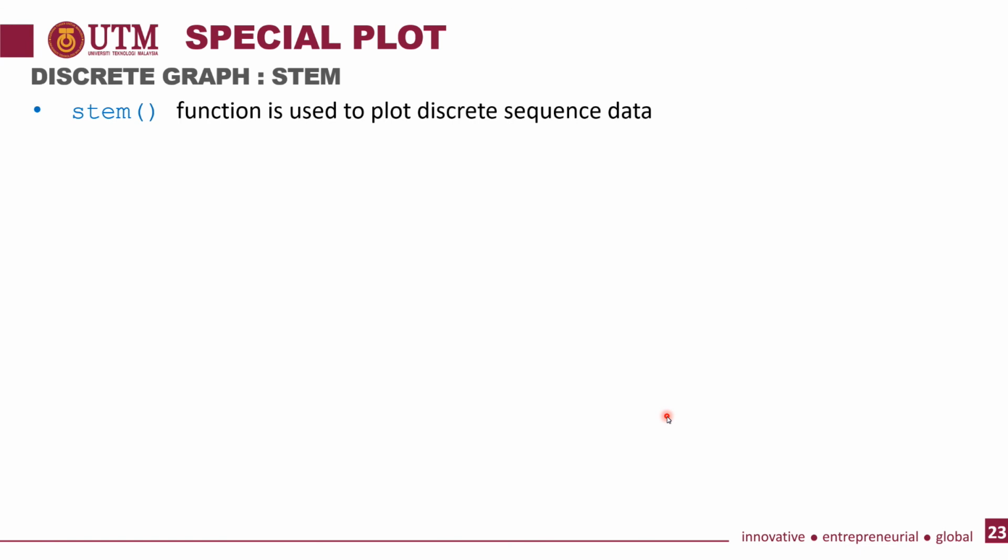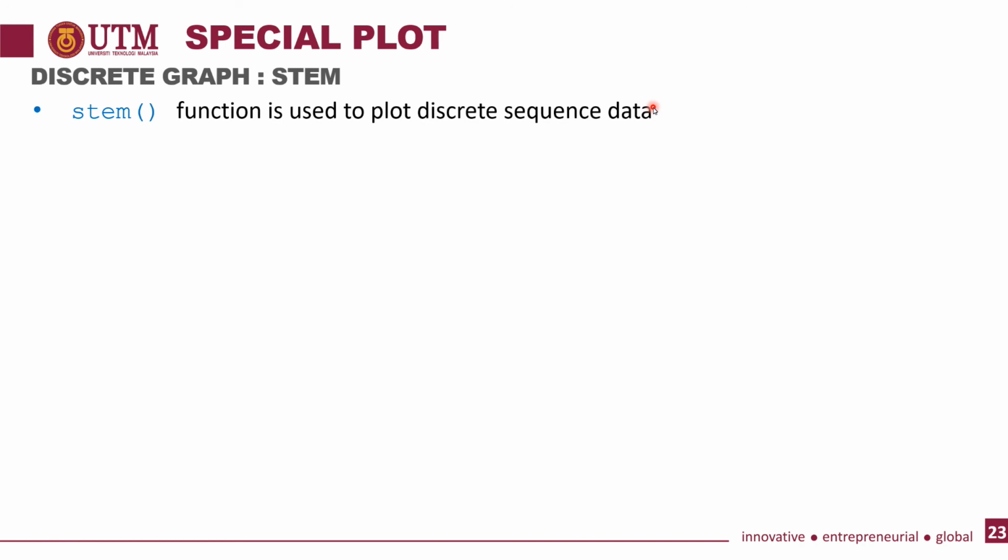Later on you will be learning this in discrete programming or discrete control. When you are asked to draw a discrete graph, you need to use stem. The stem function is used to plot discrete sequence data. After this, you will be able to differentiate what is a discrete graph and what is a continuous graph.